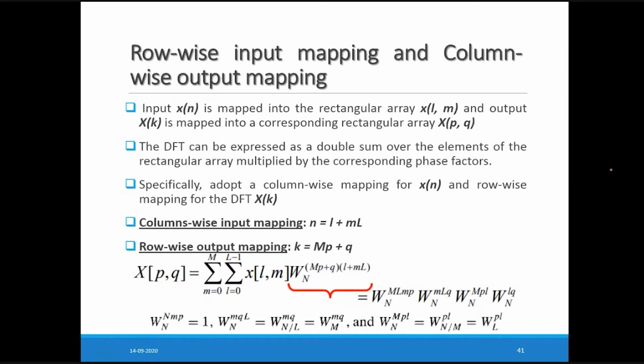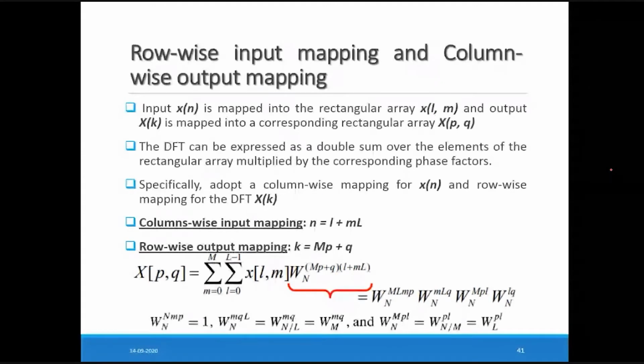Continue with the theory. Row wise input mapping and column wise output mapping. So here input x of n is mapped into the rectangular array x of l comma m, and output x of k is mapped into a corresponding rectangular array x of p comma q. As we have seen, our input mapping is represented with row l and column m.